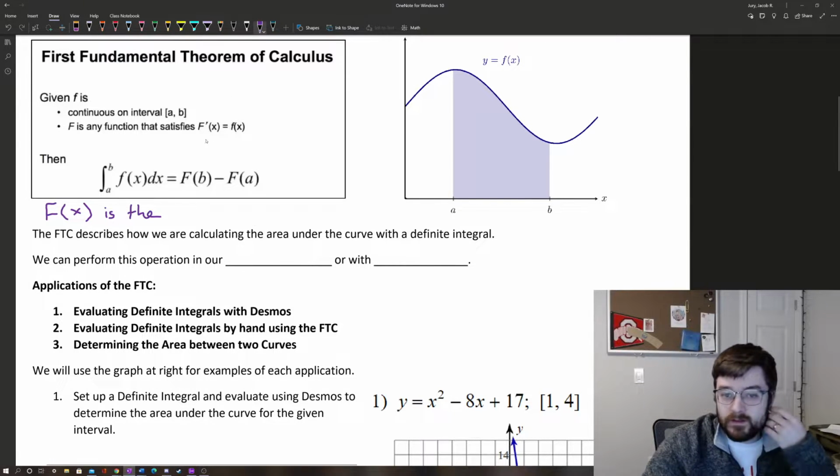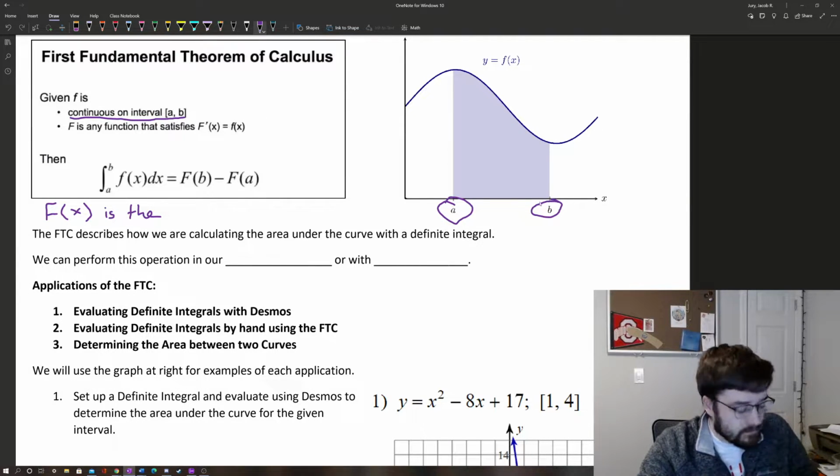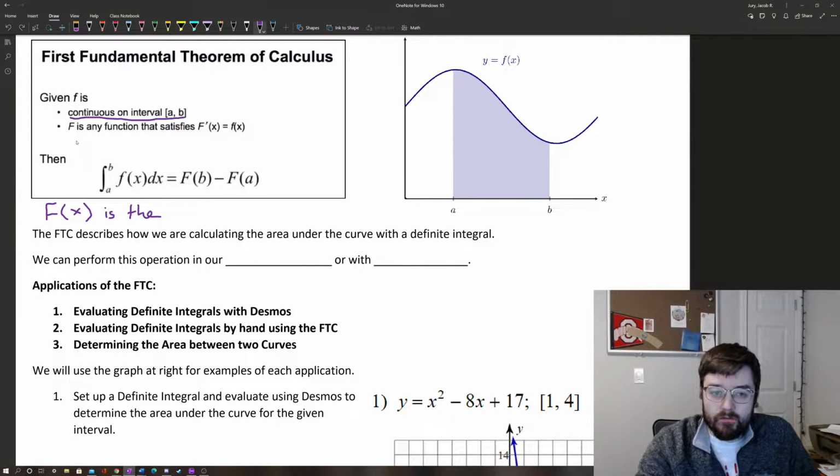So the theorem says that if we have a continuous function on the interval a to b, so here's a and b, then this capital F, you can see the difference, it's very slim, is any function that satisfies the equation: the derivative of capital F is the original function f of x.